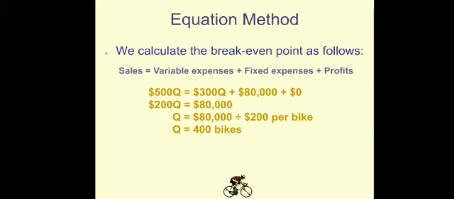It means that we have found what we want in this calculation. This Q of 400 means this is the break-even point. It means that the bicycle company will achieve break-even when the company sells 400 bicycles. So that is the break-even in terms of quantity.